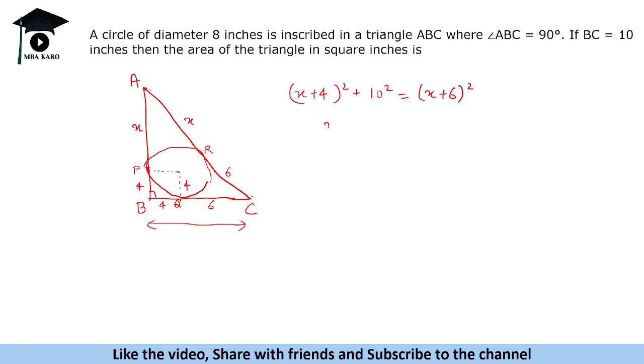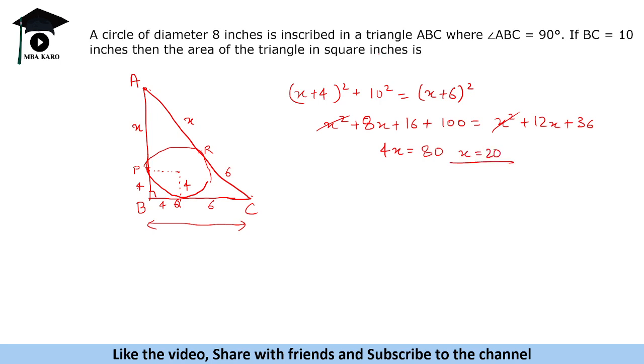So you get x square plus 8x plus 16 plus 100 equal to x square plus 12x plus 36. So x square gets cancelled. We have 4x is equal to 80, or x equal to 20.